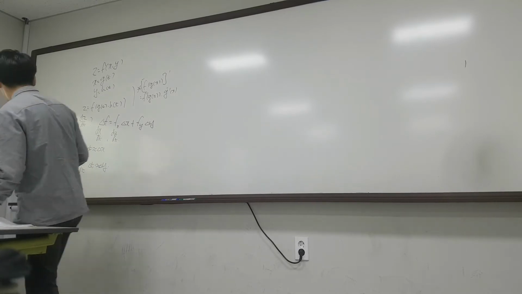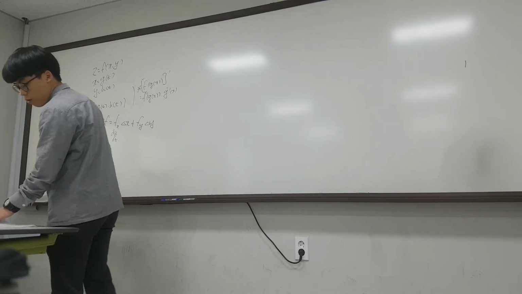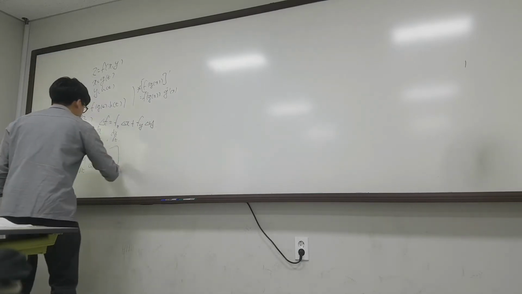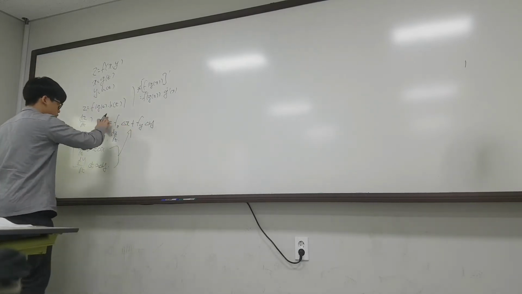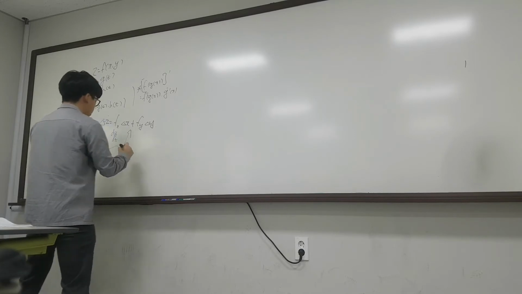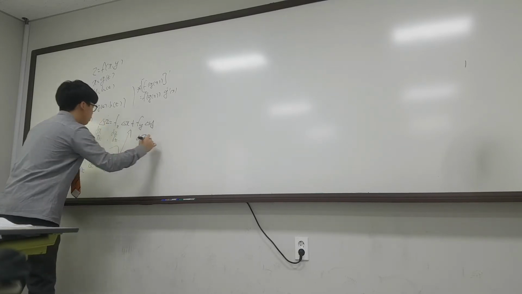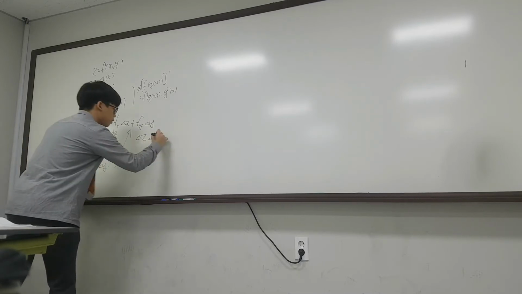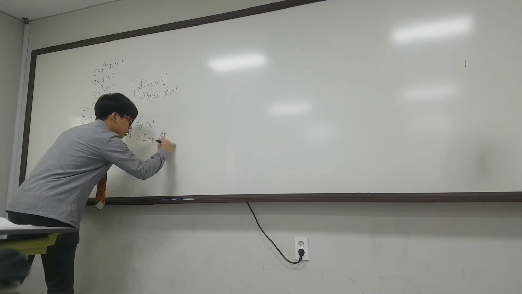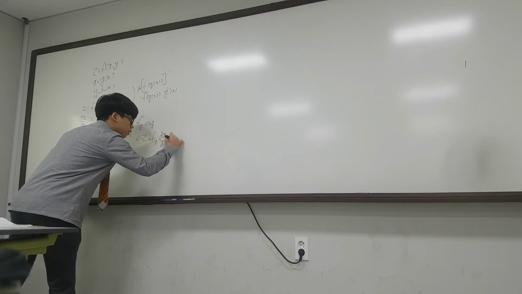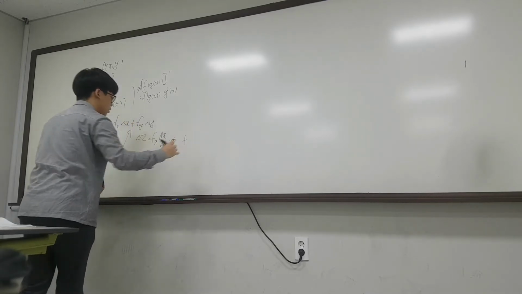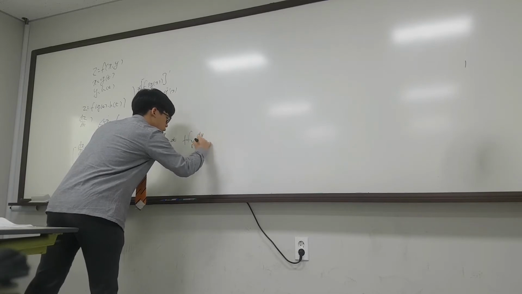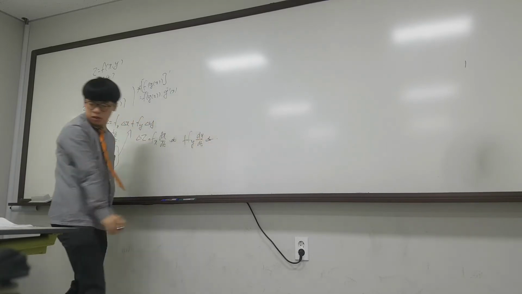Okay, so keeping this concept of differential in mind, I'll just change it to z. So delta z will be fx dx dt times delta t plus fy dy dt times delta t.